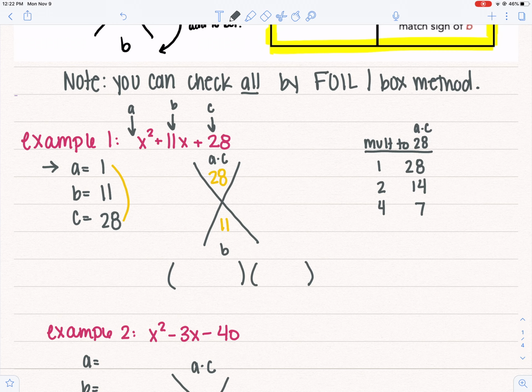I'm going to go to 5. 28 divided by 5 gives me a decimal, so I skip it. 28 divided by 6 gives me a decimal, so I skip it. And then I'm back to 28 divided by 7. And once I start to loop back over, then they're just going to repeat. 7 times 4, 14 times 2, 28 times 1. I don't need to write these things down, so I'm done.